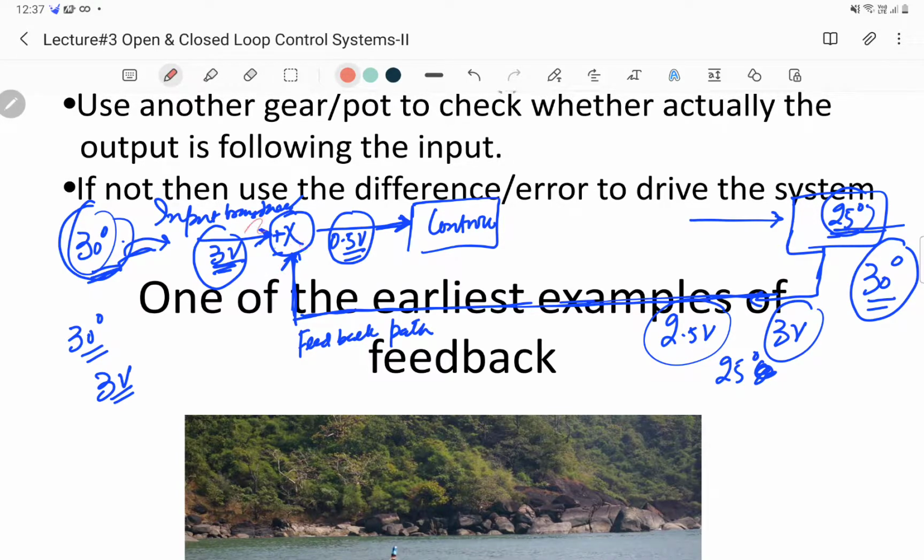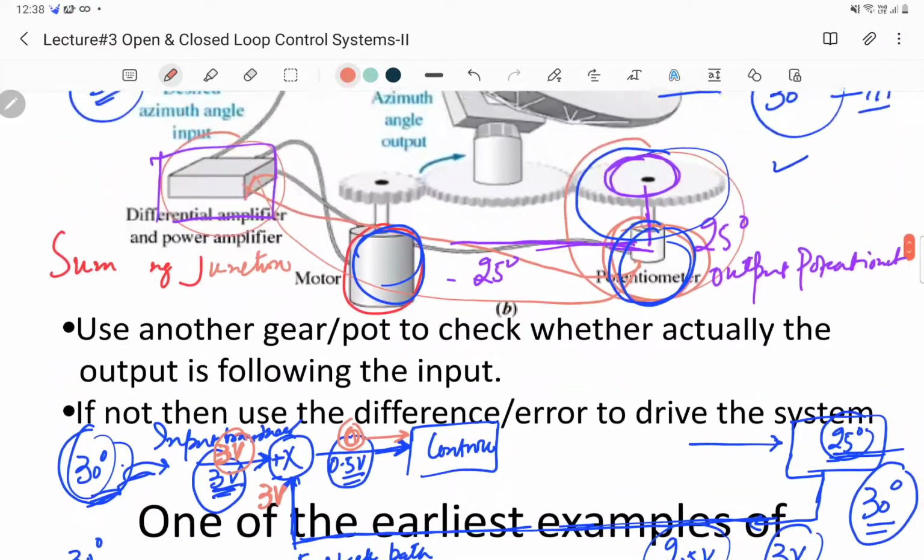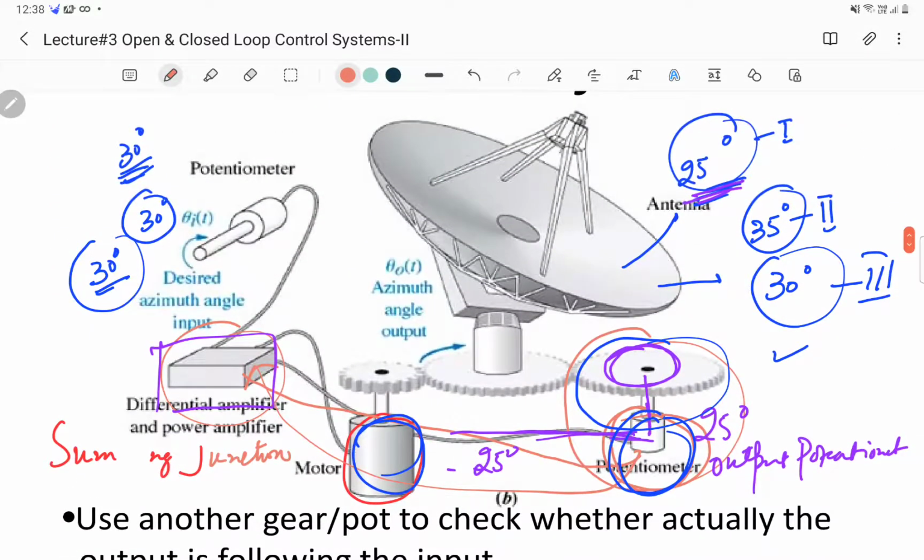So on the input side we have 3 volts to the summing junction. On the output side we again have a 3 volt signal. So the difference of the two is 0. When the controller receives a 0, it understands that the desired position has been achieved, and hence it stops working, that is, the motor stops, and the final position of the antenna gets locked.